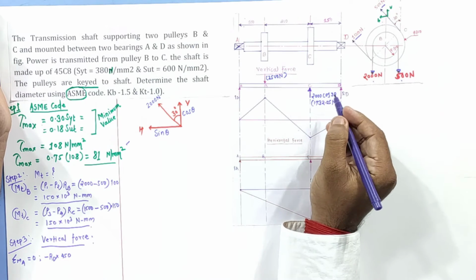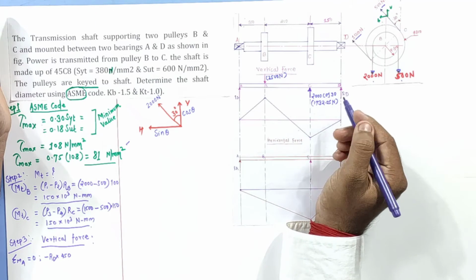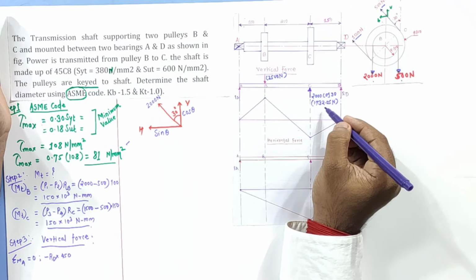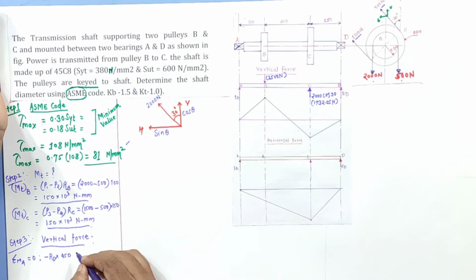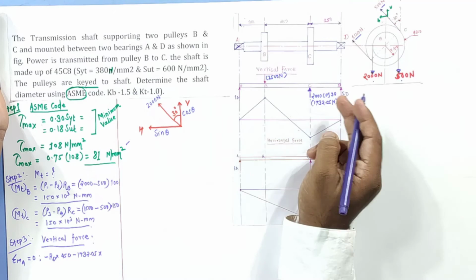So I'll take that value only. Every time there's no need to write cos and all that. So 1732.05 into 300, minus 1732.05 into 300.